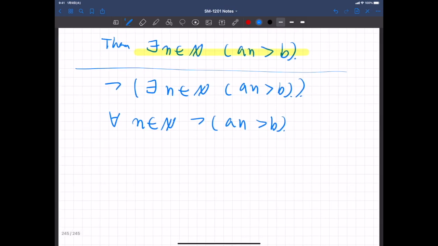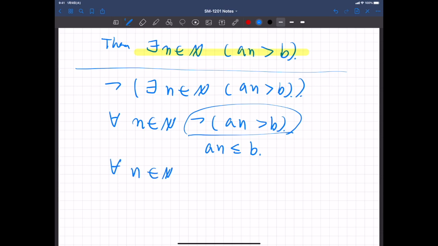Okay, so if we negate inside this, this becomes an less than or equal to b. Okay, so that means for all natural numbers, an is less than or equal to b.